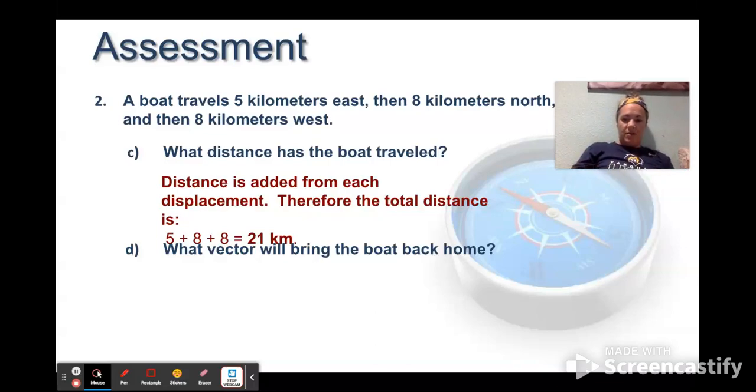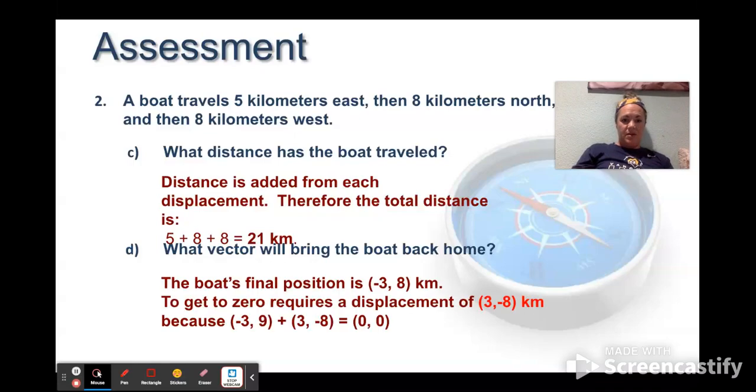And then what vector will bring the boat back home? The boat's final position is -3, 8 kilometers. To get to 0 requires a displacement of 3 and -8.